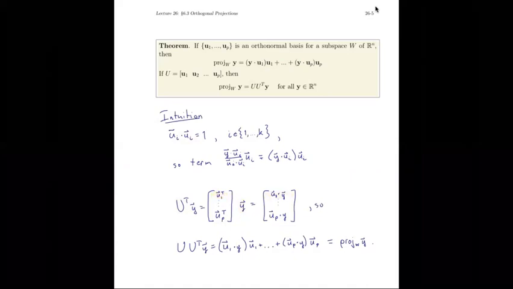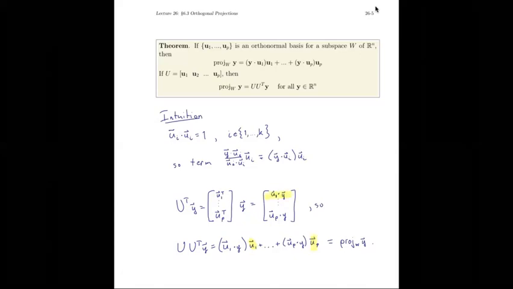And then I multiply this result by U, and I know that U times this vector, remember this is a vector here, comes out to the linear combination of the columns of U using the weights of this vector. So it's the column u1 with weight u1 dot y, right?